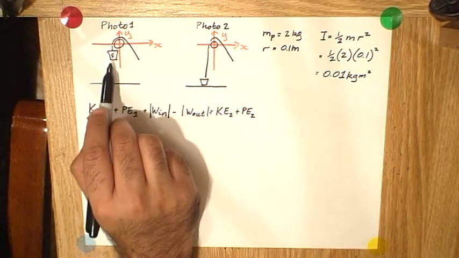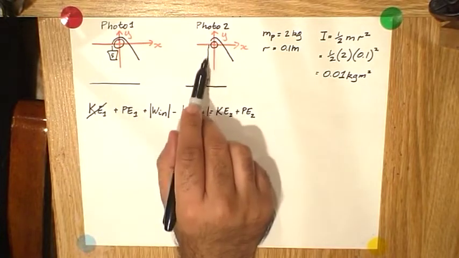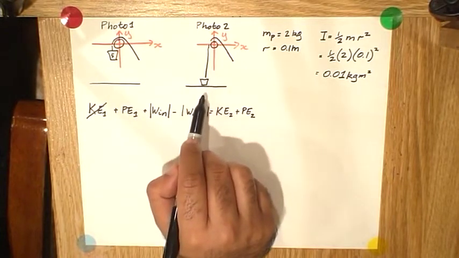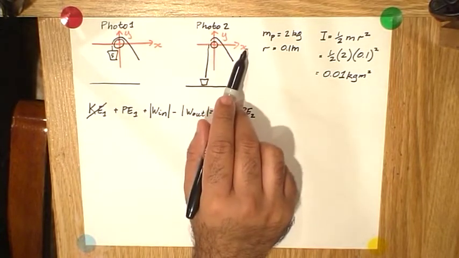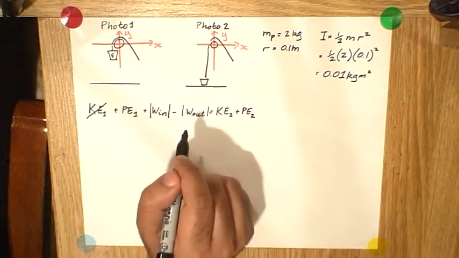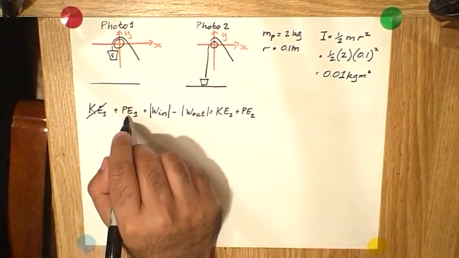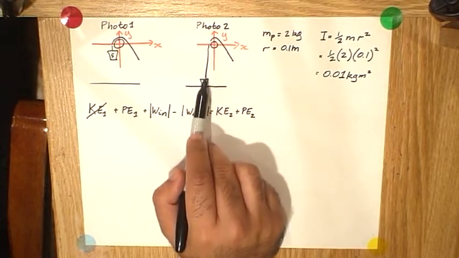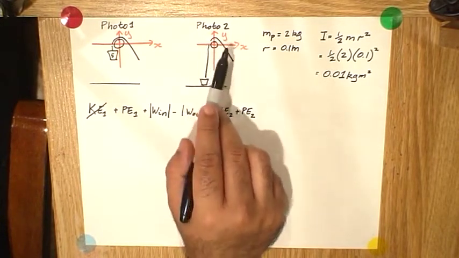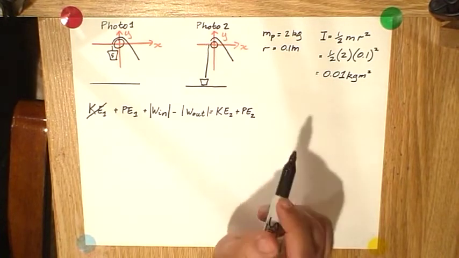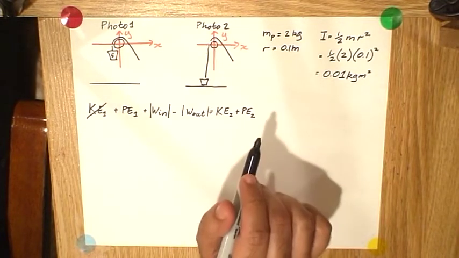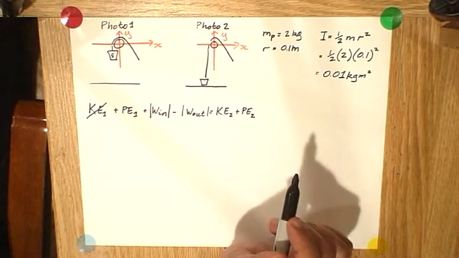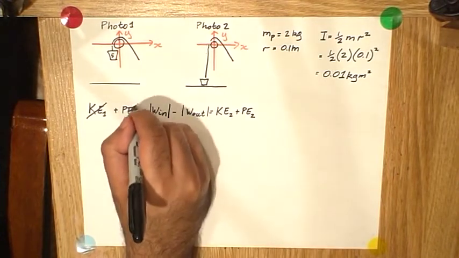It's going to descend from there, so it's going to get further away. It's going to go in the negative direction below the original level of the x-axis. So that being the case, I'm going to set my PE1 to be 0, and I'm going to treat PE2 as being negative because the bucket has descended beneath the x-axis. Again, that's totally legal to do. Potential energy due to gravity is allowed to be negative.